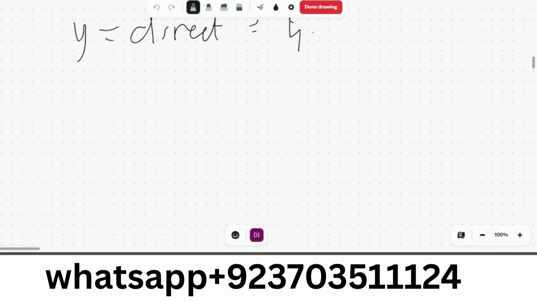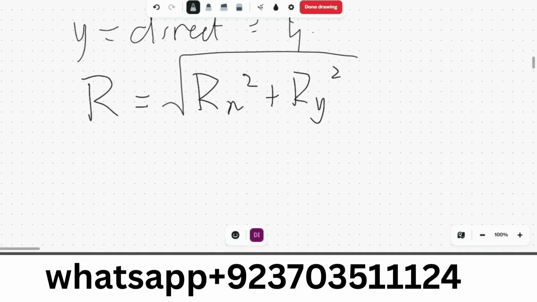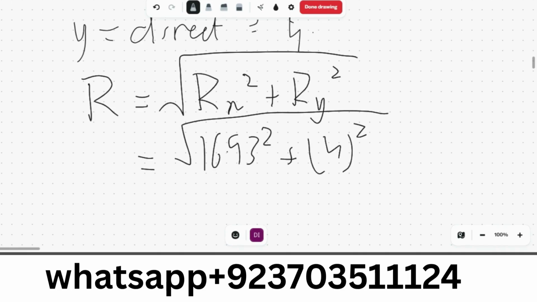I have told you that R is equal to the square root of Rx squared plus Ry squared. So that would be 16.93 squared plus the y component 4 squared, under root of that value. That will give us 17.4 newtons.